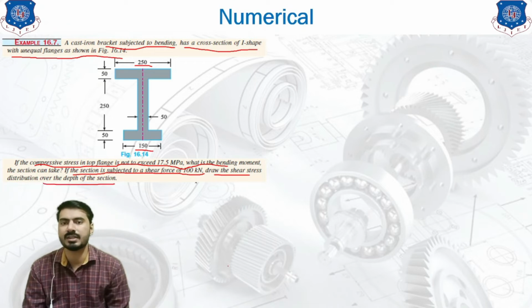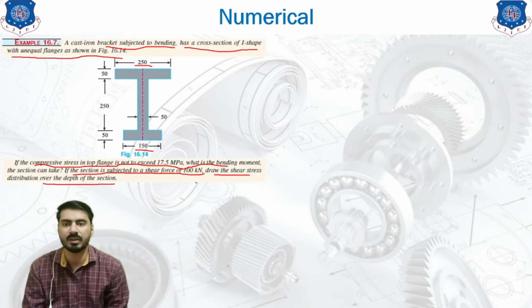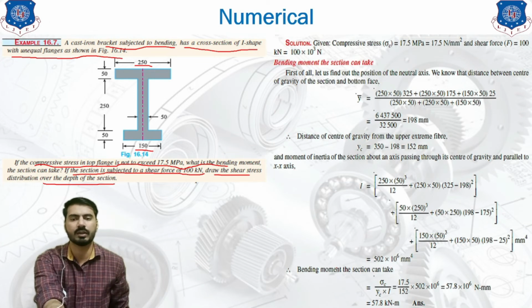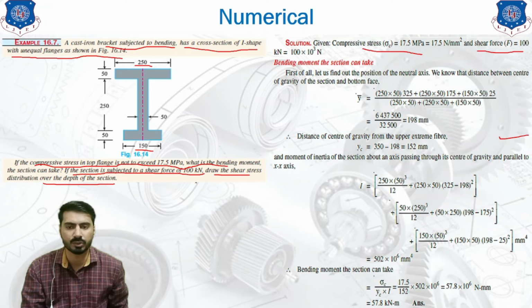So whenever this type of example is asked, there will be multiple questions in our data, and you will be required to calculate the answer of both the questions. So first of all, let's get started. They have given us the compressive stress of 17.5 megapascal and the shear force of 100 kilonewton.